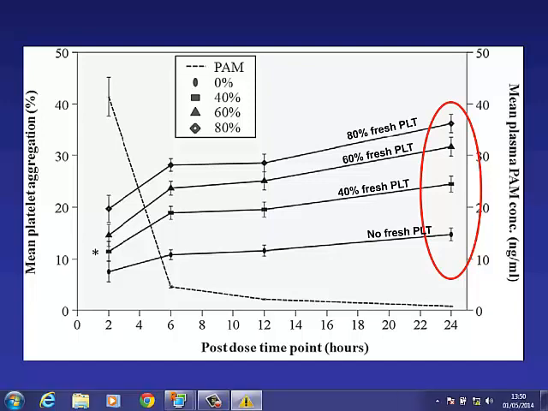By diluting to 80% of the platelet volume, corresponding to about 10 to 15 units of platelets, which is a lot, we can recover platelet reactivity more or less to the normal level, or at least to Plavix level. So with prasugrel, although it takes time, we have an effective way to overcome the antiplatelet effect during the operation.